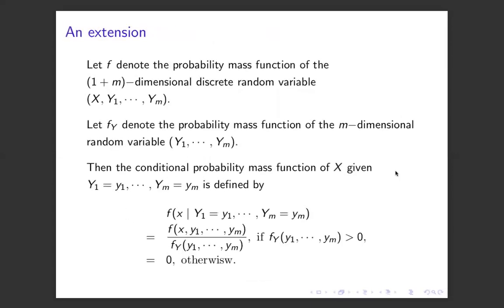So let f denote the probability mass function of the, let us say, 1 plus m dimensional discrete random variable (X, Y1, Y2, ..., Ym). Earlier we just had Y, so now we have an m dimensional random variable.